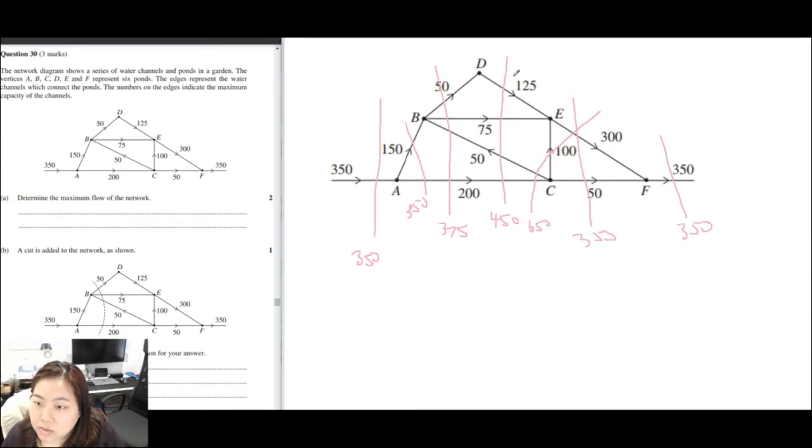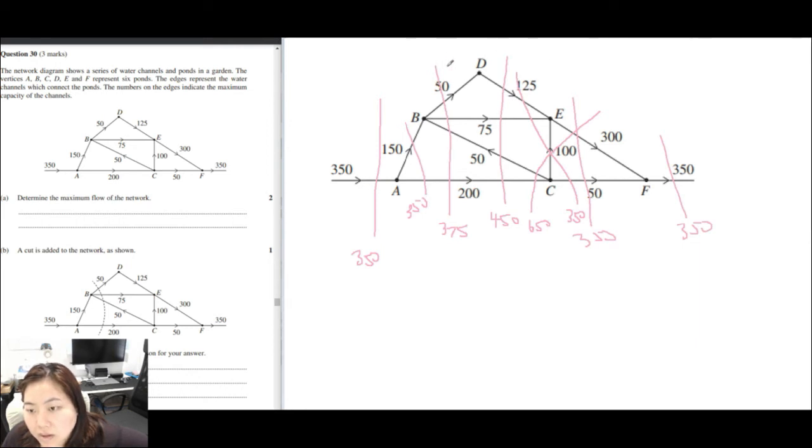I can do this way, which will be 1, 2, 2, 5, 350. I guess I can do that, but that's a lot.